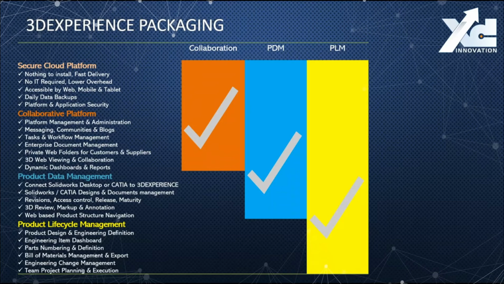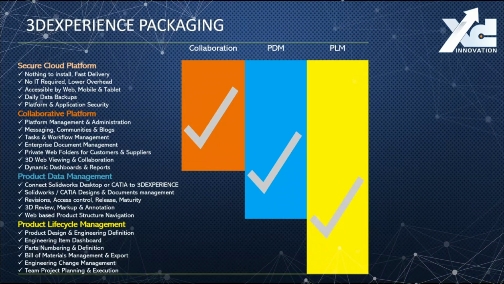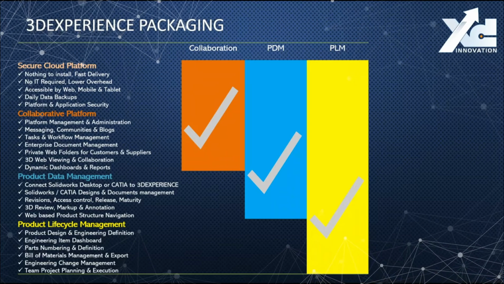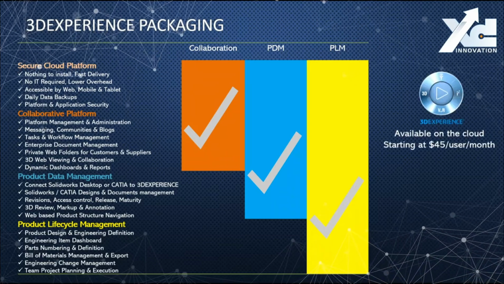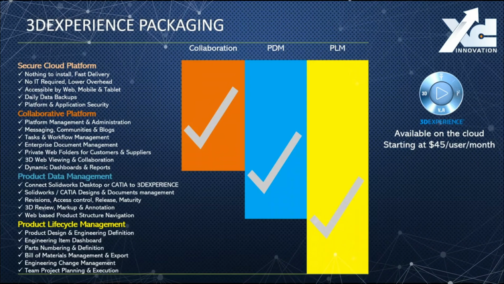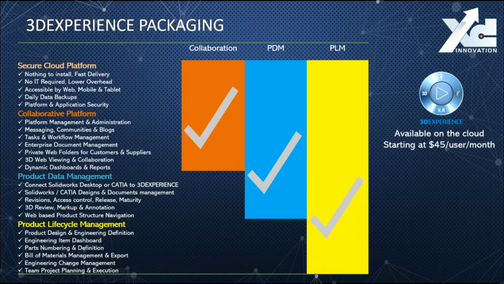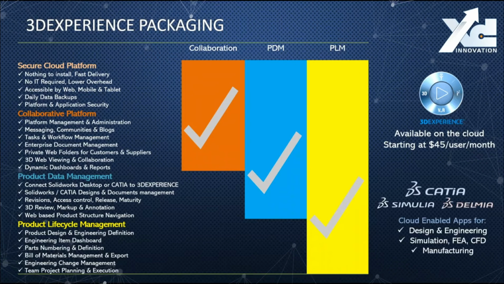So these are just the three different packages, if you would like to think about it in a more simple way, as far as the 3D Experience platform. These packages are all available on the cloud starting at about $45 a user per month for the basic collaboration tools. You could also add additional apps if you have need for CATIA for large assemblies or maybe some advanced composites.